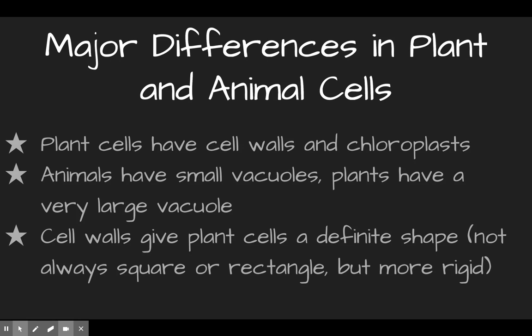With that, we are able to have different shapes, because all it has is that cell membrane that has fluidity. Versus a plant cell that has a cell wall, which is more rigid. Remember, it's made of cellulose. Cellulose is a sugar, a carbohydrate, so it has that tougher structure, and that's what results in the more rigid shape of plant cells.